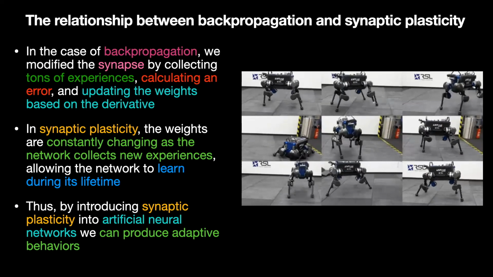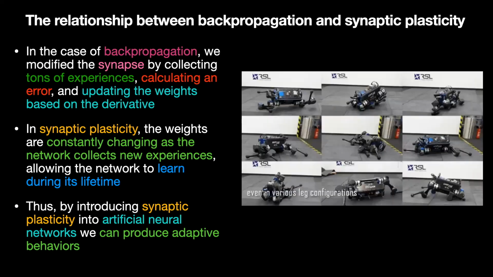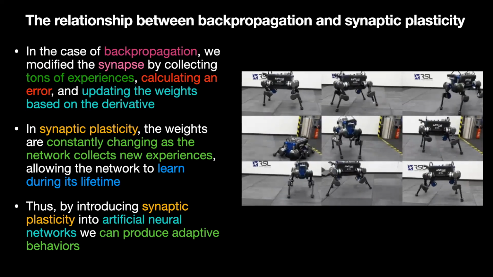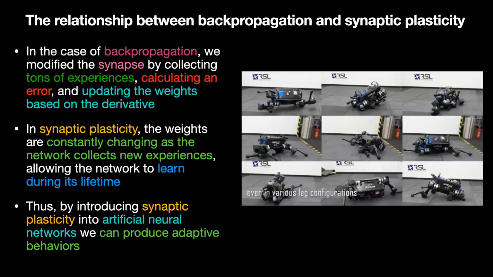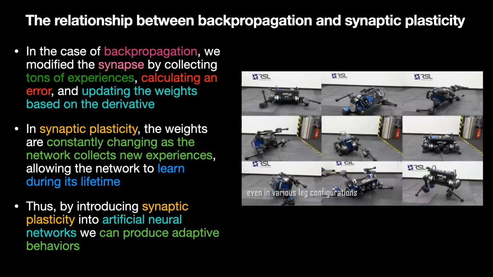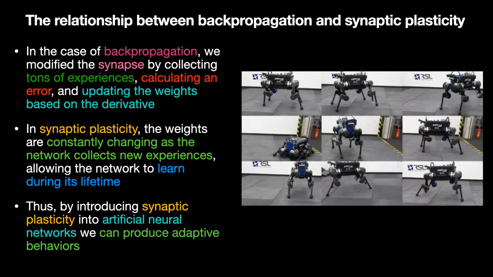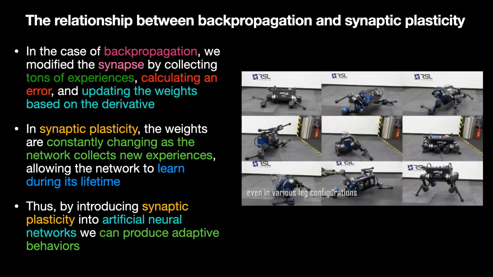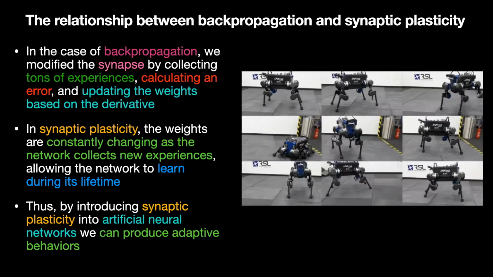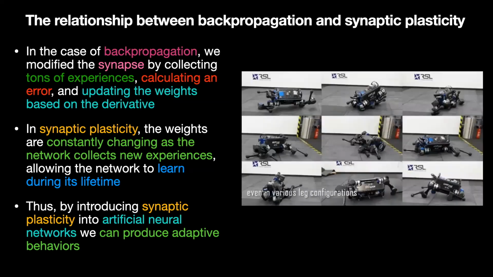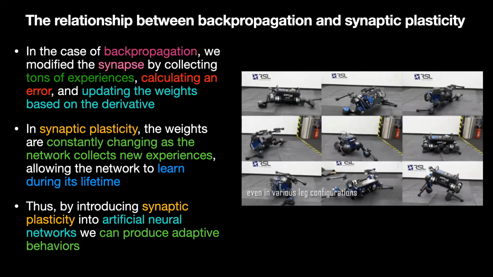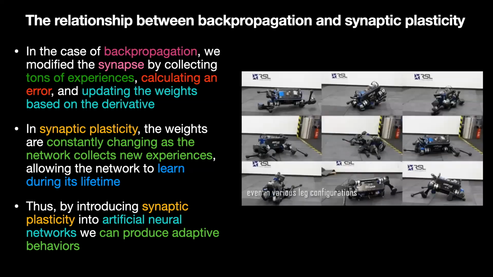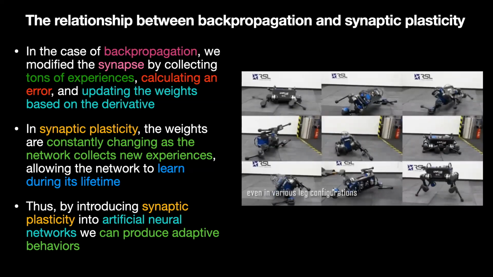Okay, and there is a beautiful relationship between backpropagation and synaptic plasticity. In the case of backpropagation, we modify the synapse by collecting a ton of experience, calculating an error, and updating the weights based on the derivative. In synaptic plasticity, however, the weights are constantly changing as the network collects new experience, allowing the network to learn during its lifetime, which backpropagation doesn't allow us to do. But backpropagation is in a way emulating this process at discrete intervals.